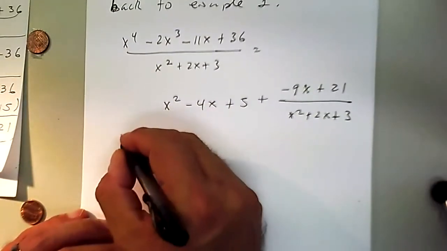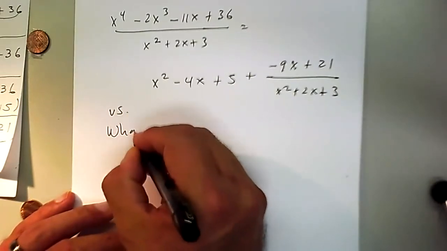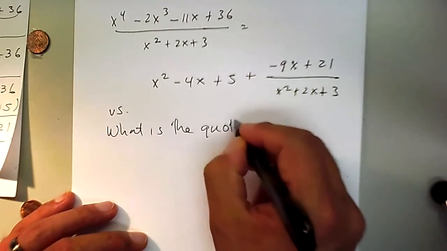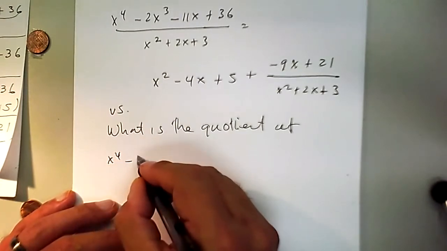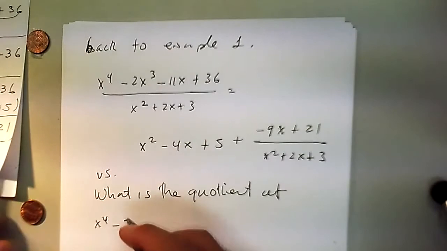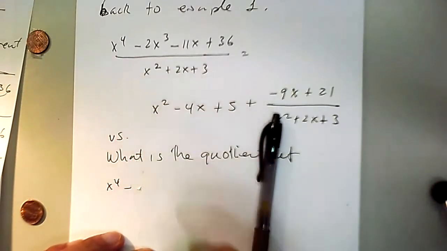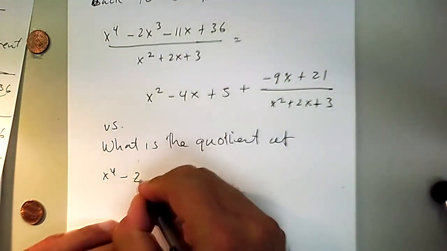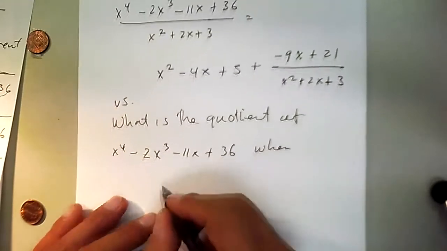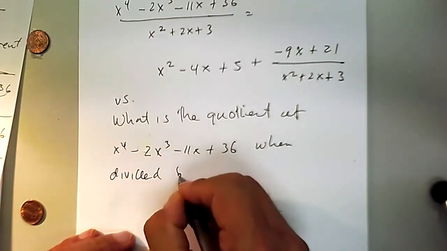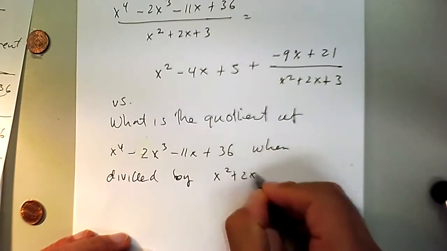As opposed to something like, what is the quotient of x to the 4 minus 2x cubed minus 11x plus 36 when divided by x squared plus 2x plus 3?